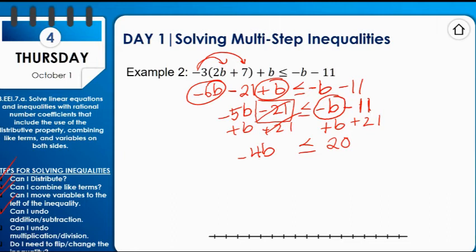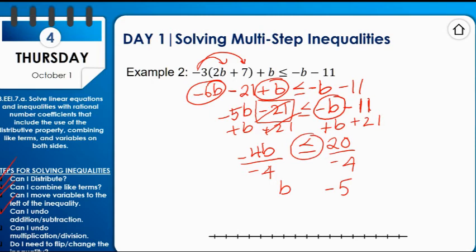Can I undo multiplication or division? In order to undo multiplication, which is -4 times b, I divide both sides by -4. Negative over negative becomes +b. Positive over negative becomes -5. Again, I have a less than or equal to.